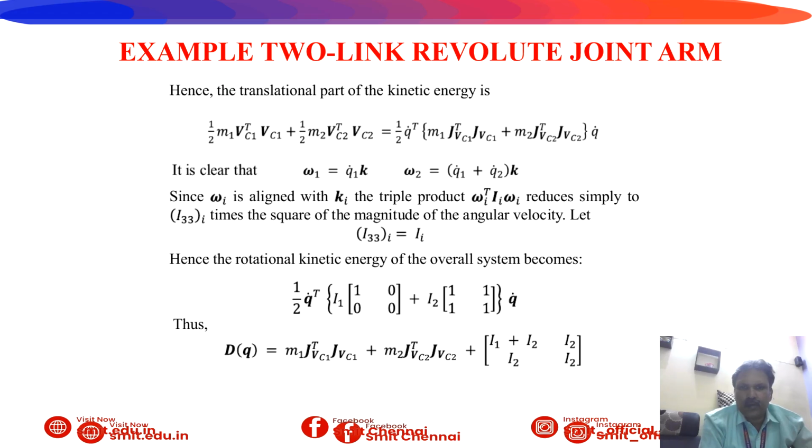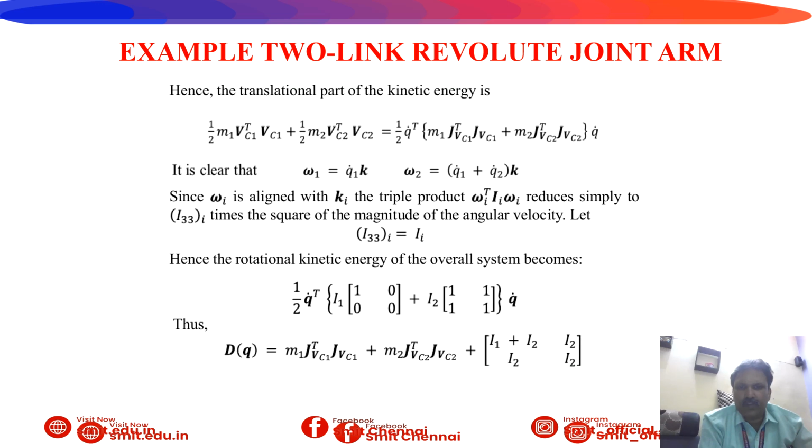The triple product omega I transpose I omega I reduces simply to I double 3 I times, that is 3 into 3 matrix, the square of the magnitude of the angular velocity. Let I double 3 I equal to II.